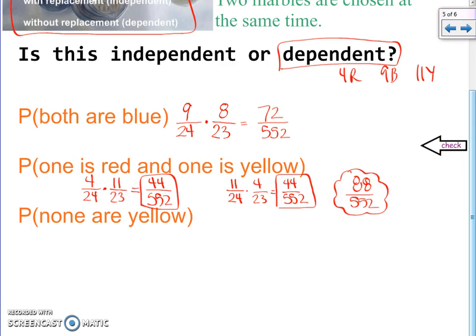Okay, what's the probability that none of them are yellow? Well, let's just do one at a time. What's the probability that the first one is not yellow? How many are not yellow? 13 out of 24. What's the probability of the next one not being yellow? 12 out of 23.